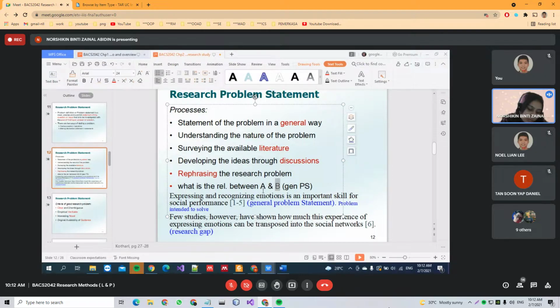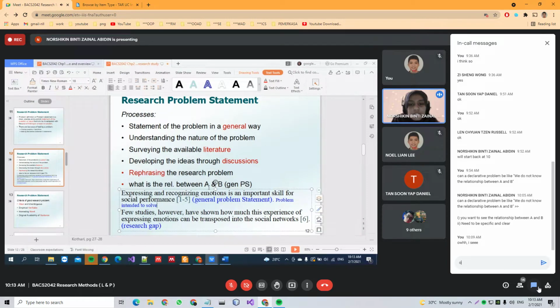You need to be specific by saying, for example, is there any relation between A and B that contributes to any result? I'm not sure how to give you an example because this is a general A and B, but I think you can understand what I'm saying. You need to be both general and specific about what you want to do.